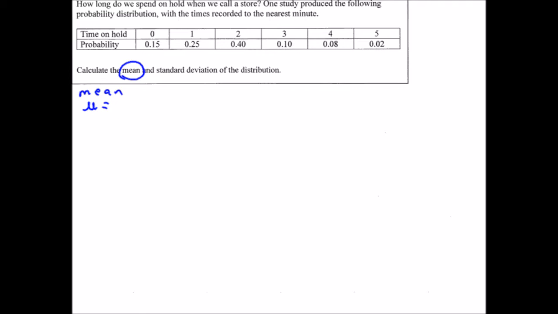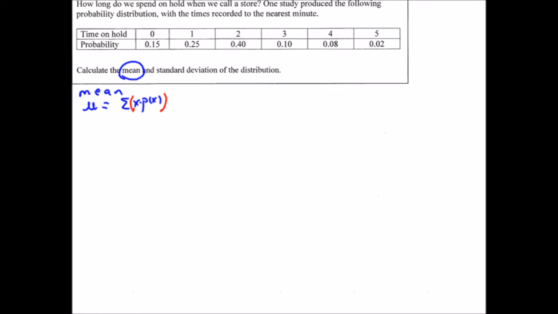The formula is equivalent to the formula that you had in Chapter 3. It's the sum of the x's times their probabilities. And that's multiply and add.